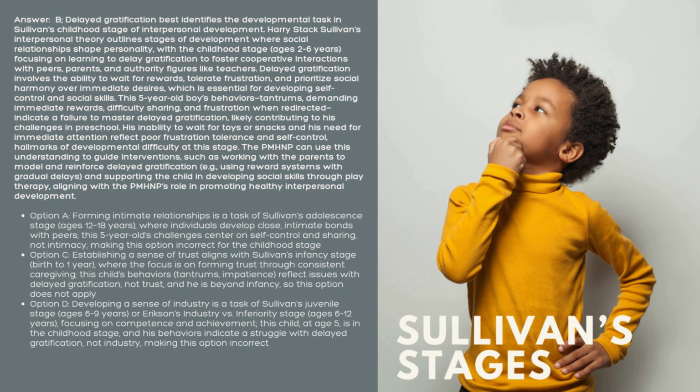All right, so what do we do in this case? The PMHNP is really going to need to involve parents here. So, parental guidance. We need to collaborate with parents to model delayed gratification using reward systems with gradual delays. So, earning a toy after completing a task. We also want to incorporate play therapy to facilitate social skills development through structured play, like taking turns during a game, and that's going to help improve cooperation. And then finally, behavioral strategies here.